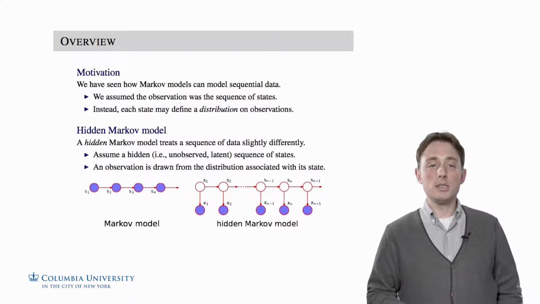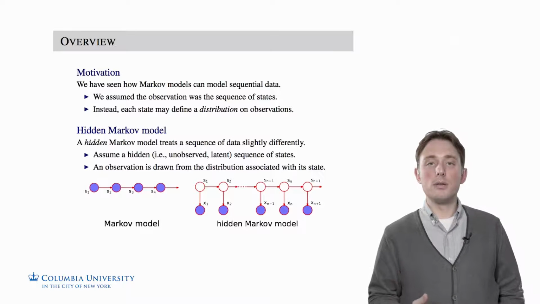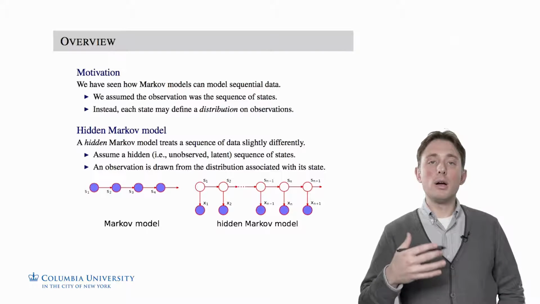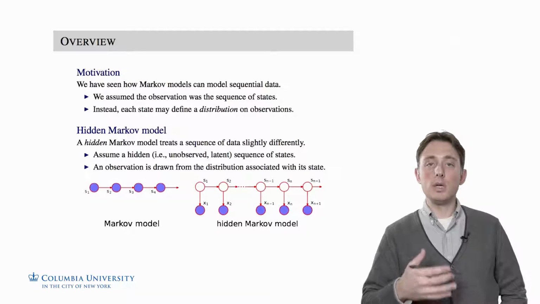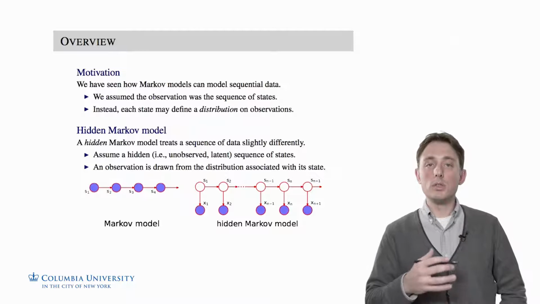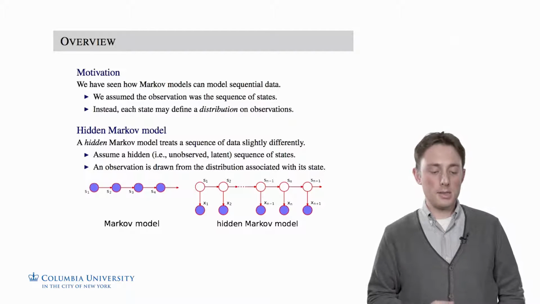However, in many cases, the model might not be flexible or expressive enough to work on a discrete state level. So again, remember that the states, as we constructed them previously, were discrete. There were a finite and discrete number of states.